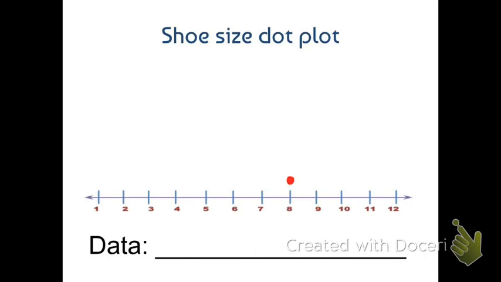All right, just 1 second. I'll get you started. Recording. So we had 1 on 4. So make sure you got 1 dot on 4. Then we have 2 dots on 5. And then we have 5 on the number 6. 1, 2, 3, 4, 5. I'm sorry, that was 6.